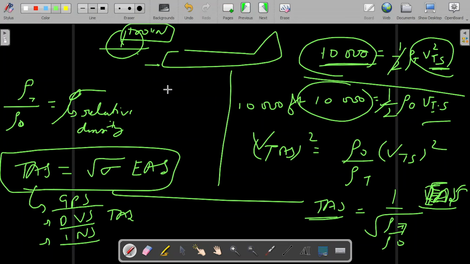However, the basic instrument always there in all aircraft is the indicated airspeed, which measures speed considering the density at sea level, which is actually not the right calculation. So when you calculate TAS from equivalent airspeed, this is a very important formula, and TAS will always be higher than the equivalent airspeed when we go up in height.